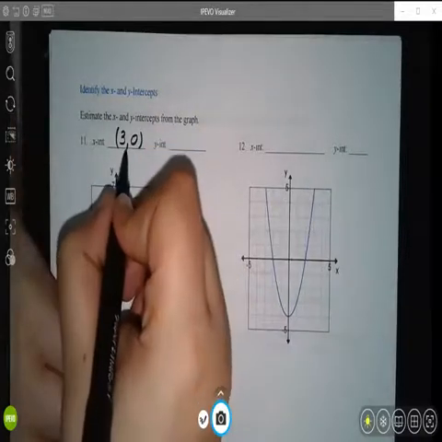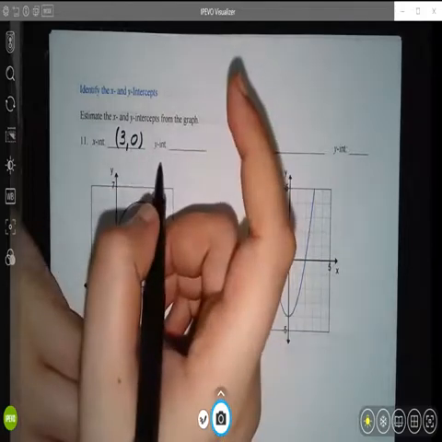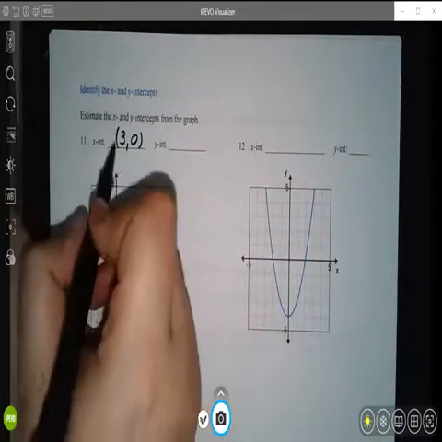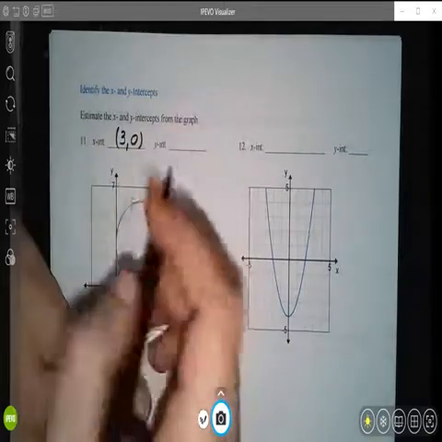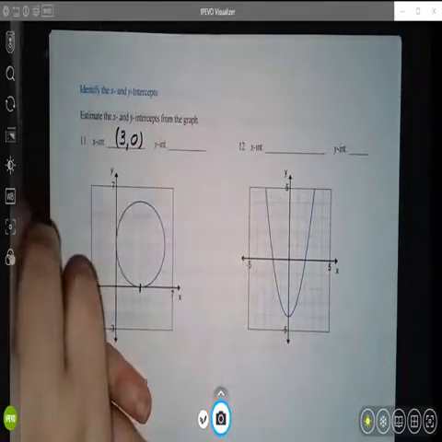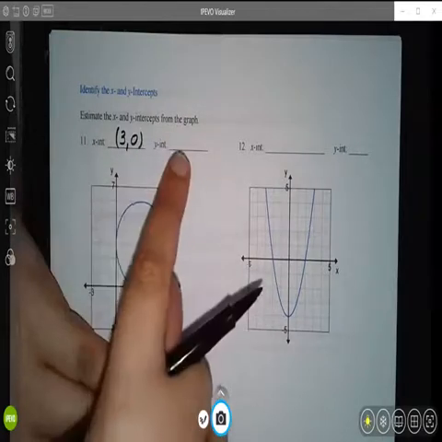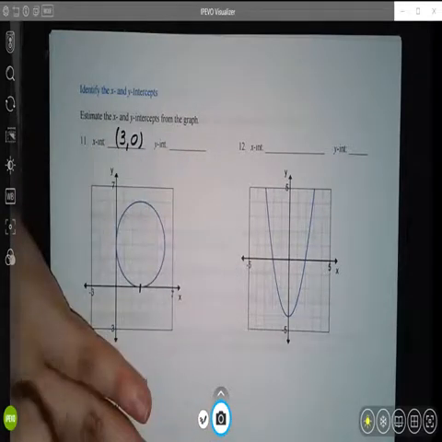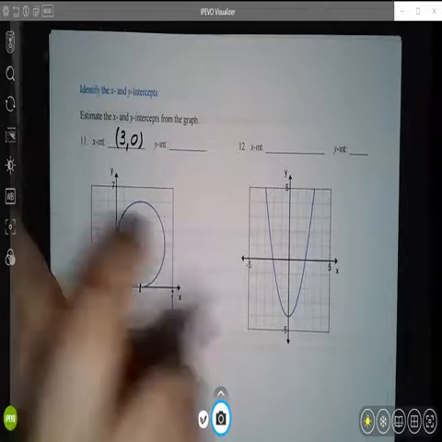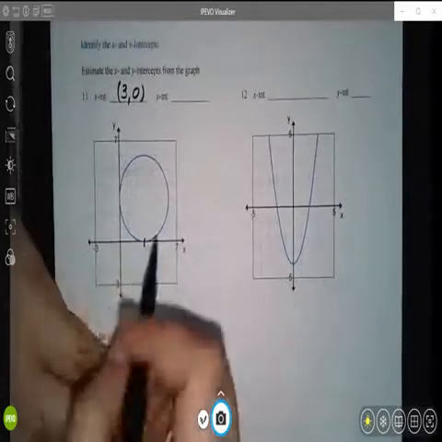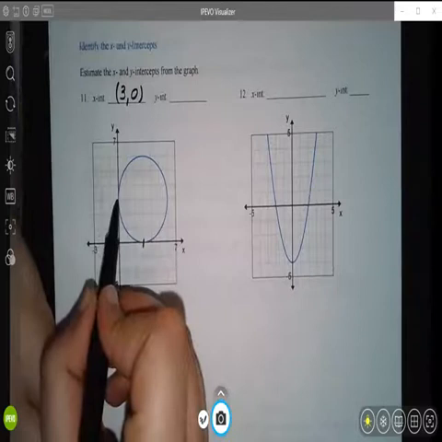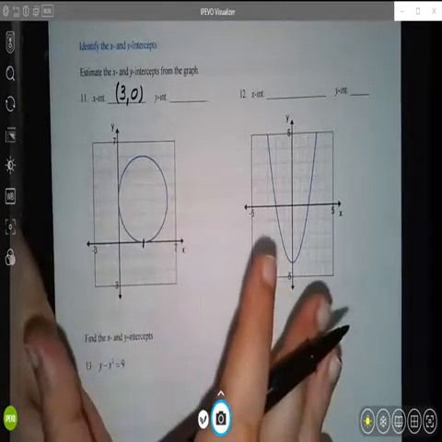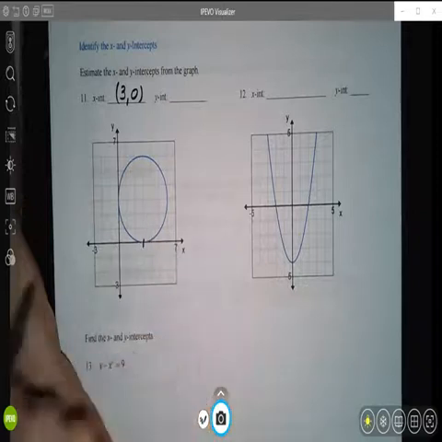Now, one thing that you need to notice always, if I'm asking for the x-intercept, the x is the only one that's going to have a value. The y is always going to be 0. Same happens for the y. If I'm asking for the y-intercept, you're going to have a number for the y and a 0 for the x, because otherwise it won't make sense. I'm asking you for a point that's touching the axis, which means that the other axis didn't move at all. Make sense? Which is why they're always going to be at 0.